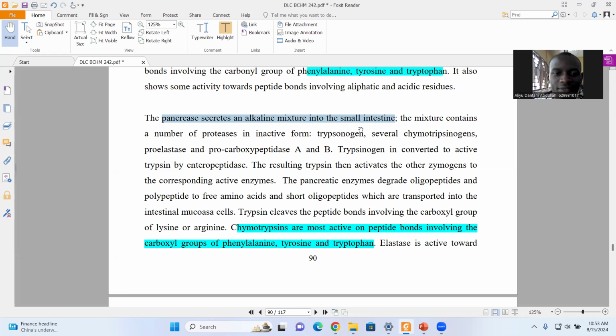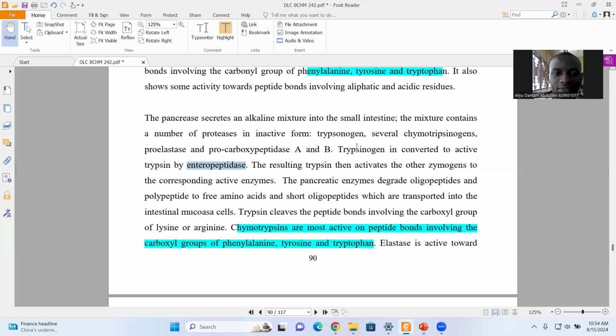There's trypsin in the intestine, chymotrypsin is also there. The trypsinogen and chymotrypsinogens are inactive forms that will be activated through some kind of proteolytic cleavage, okay? So trypsinogen is converted to active trypsin by enteropeptidase. This enteropeptidase cleaves a particular bond in trypsinogen to convert it to active trypsin.